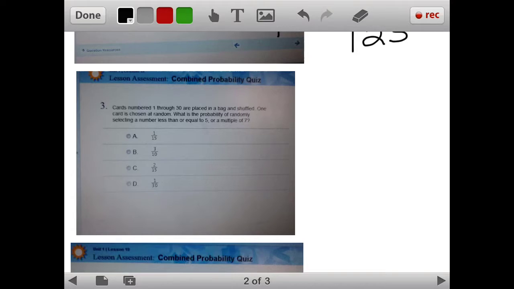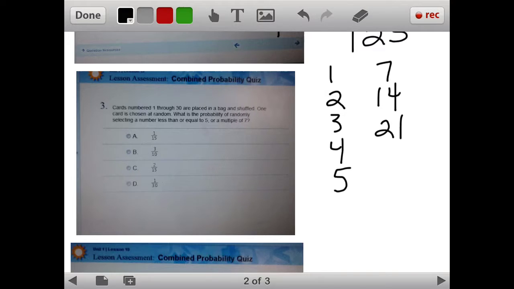Okay, so we're talking about numbers from 1 to 30, so less than or equal to 5. I know I can start off with 1, 2, 3, 4, 5, and now I'm looking for multiples of 7. They have to be below 30, so there's 7, 14, 21, and then 28.